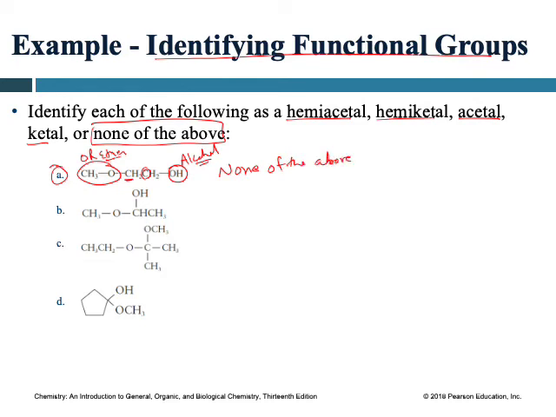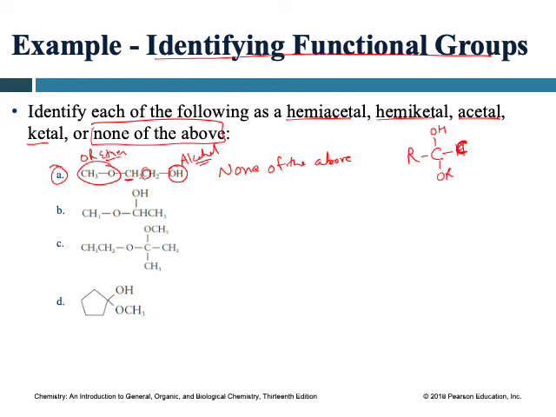Because to be treated as hemiacetal, hemiketal, acetal or ketal, you have to have on the same carbon an OH group, an OR group, then any R group, and if you have an H, that is hemiacetal. If you have C, then it's hemiketal, right?